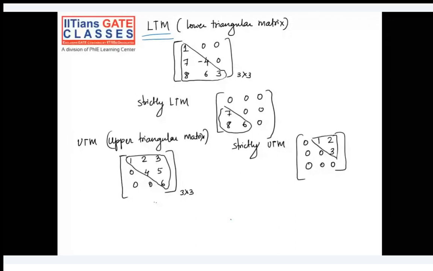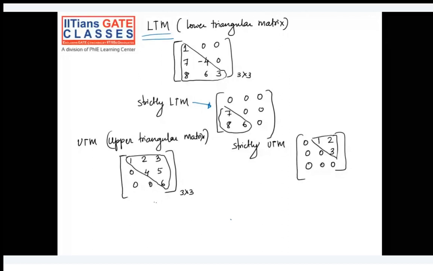I will repeat. If the elements inside the matrix below the principal diagonal are non-zero and all other elements are zero, in that case we call it a strictly lower triangular matrix. Whereas if the elements along the principal diagonal and below it are non-zero, and the rest of the elements in the upper triangle are zero, in that case you can call it a lower triangular matrix.